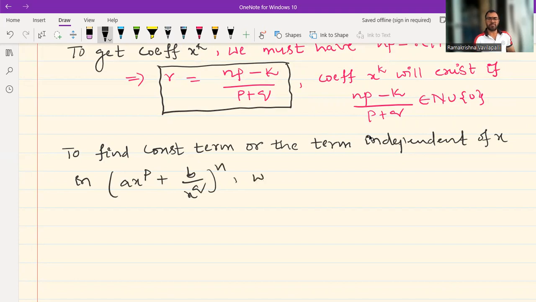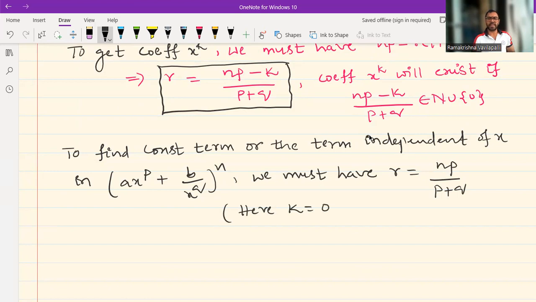we must have, see here we want to find the constant term, meaning the coefficient of x power 0. So k must be 0. We must have r equal to np by (p plus q). Here k equals 0.